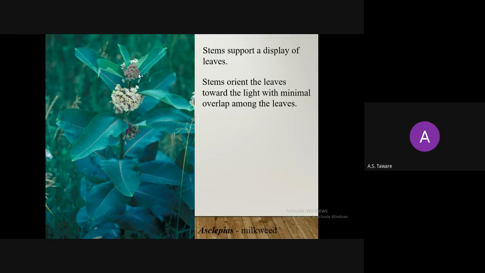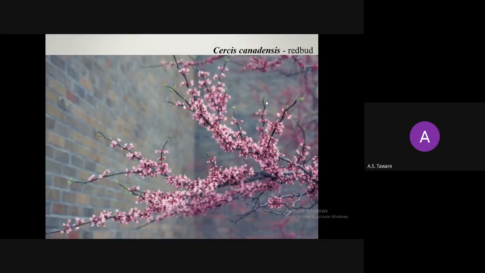All these arrangements are borne by the stem. And why are these arrangements there? Because the leaves should get maximum light with minimal overlap. So this is again a function of stem. Bearing leaves and bearing flowers is also a function of stem.